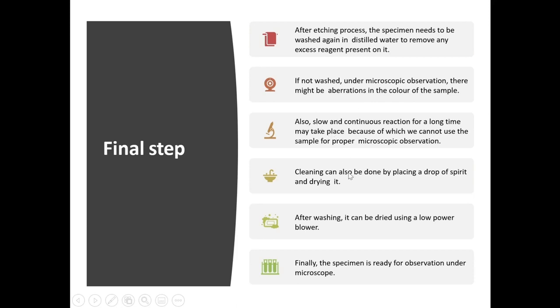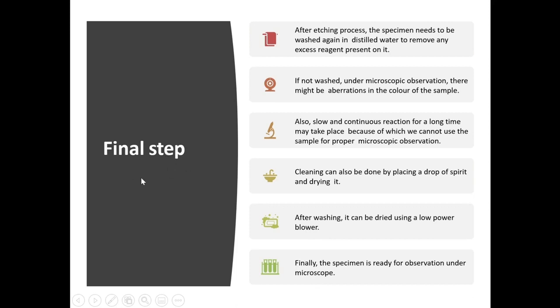Also, a slow and continuous reaction may take place for a long time, because of which we cannot use the sample for proper microscopic observation. Cleaning can also be done by placing a drop of spirit and drying it. After washing, it can be dried using a low power blower. Finally, this specimen is ready for observation under the microscope.